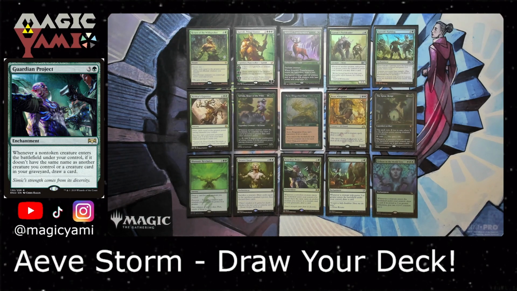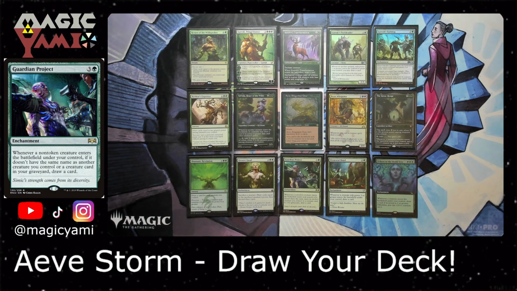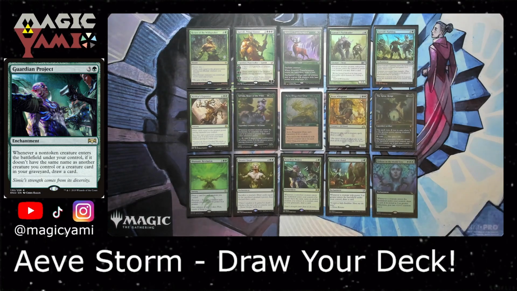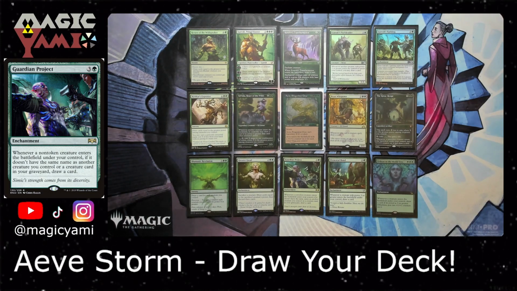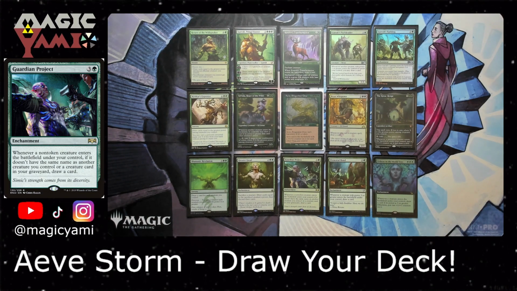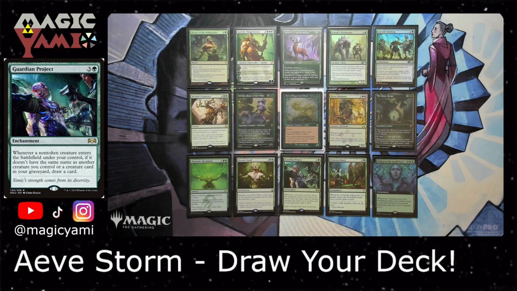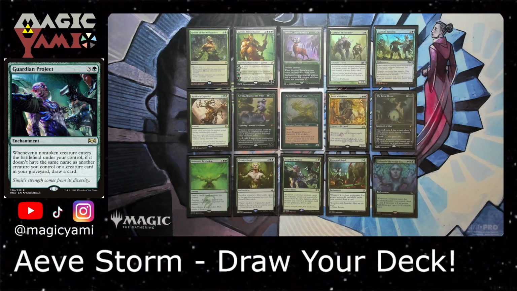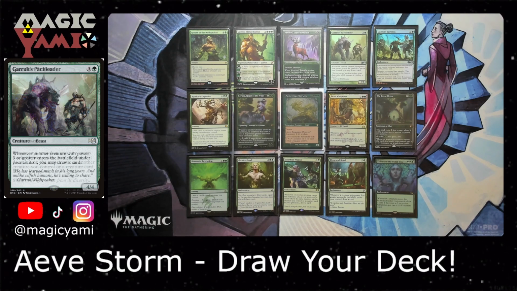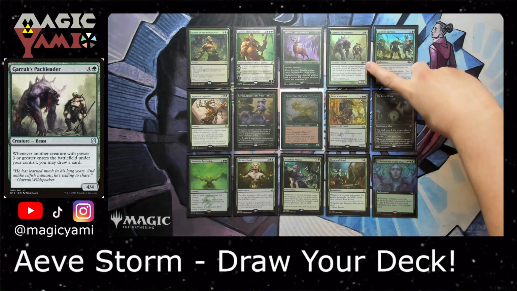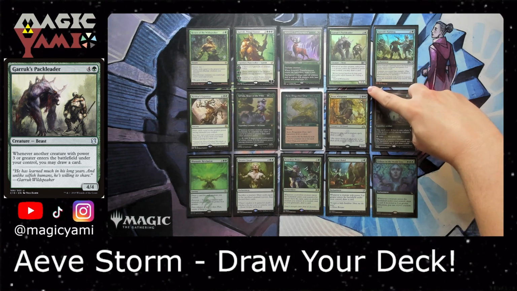If I were to take a card out from this whole field that you see, it would probably be if it was another functional copy. So let's say a card that says whenever another creature with power 3 or greater, or 2 or greater, enters the battlefield, and I would be taking out Garruk's Pack Leader because it is susceptible to creature removal.